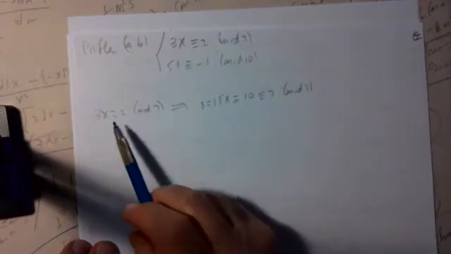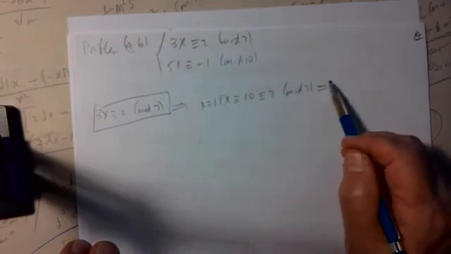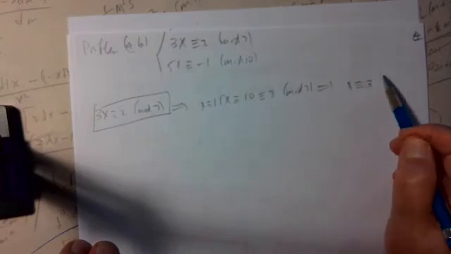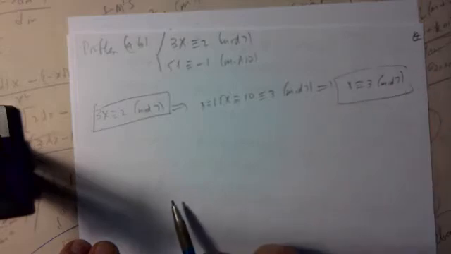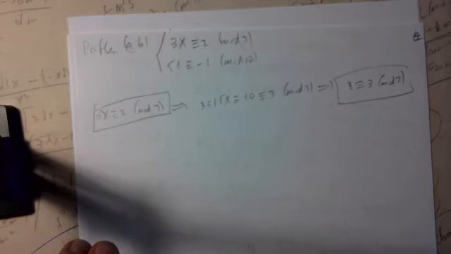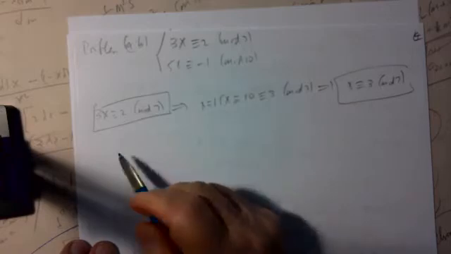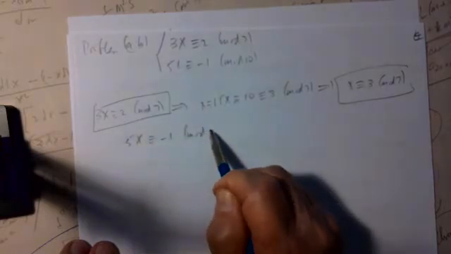So 3x congruent to 2 mod 7 is the same as x congruent to 3 mod 7. Now 5x congruent to minus 1 mod 10.